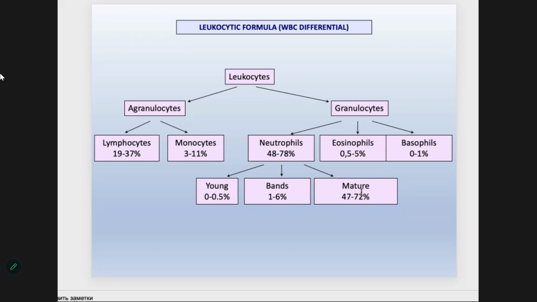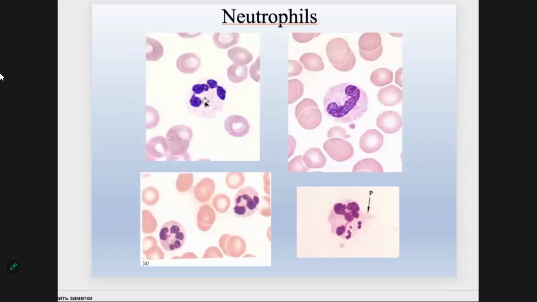The presence of mature neutrophils is larger than that of other types of neutrophils in peripheral blood. So look at the neutrophils and their main morphological characteristics. All neutrophils, mostly mature neutrophils, are characterized by a segmented nucleus.